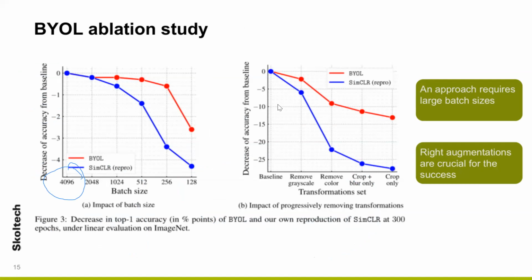It requires a lot of memory to train, and the models themselves are very large. And if we drop the batch size for BYOL, we have this decrease in performance. It's not as dramatic as for SimCLR, but still, for small batches, it's kind of very hard to get state-of-the-art results. We have this 3% drop.